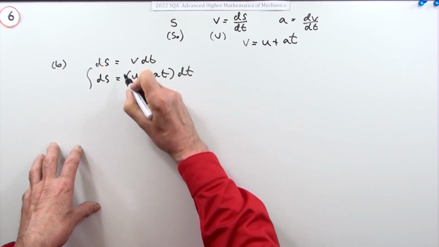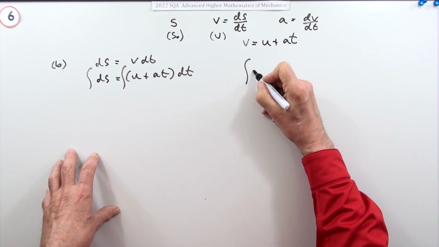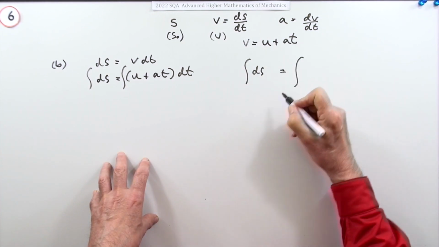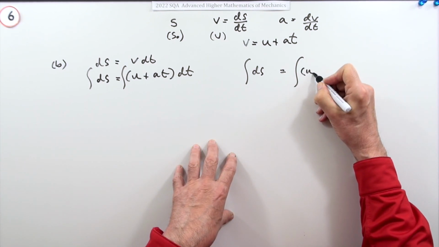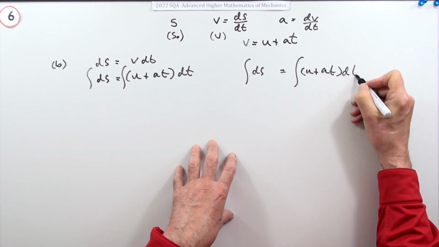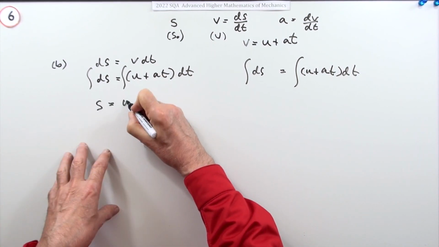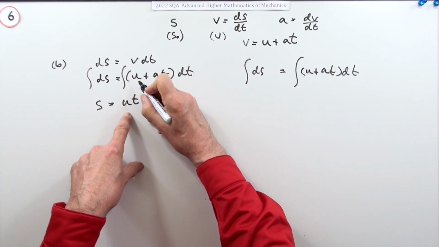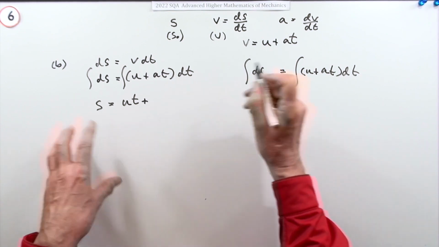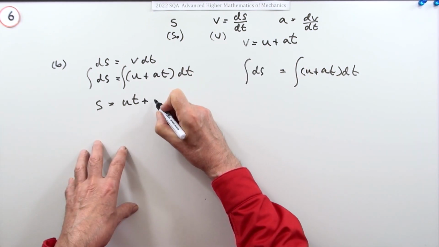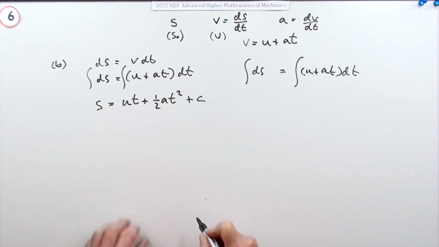Then integrate that up. 2 different techniques again. Introduce a constant or use limits. So introducing a constant, that would go to s, u goes to ut, remember u was a constant because that's just the initial velocity. a is a constant, all these equations just apply to constant acceleration situations. But t would go up to t squared, so half at squared plus c.